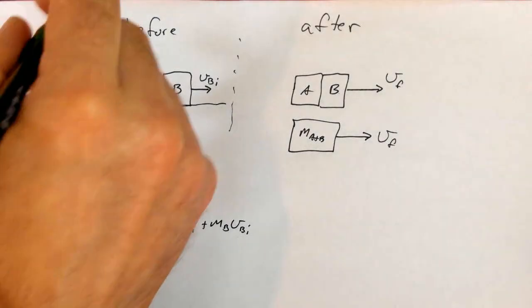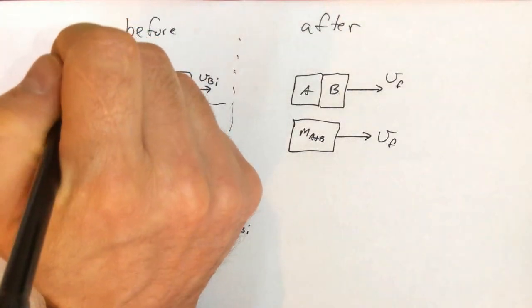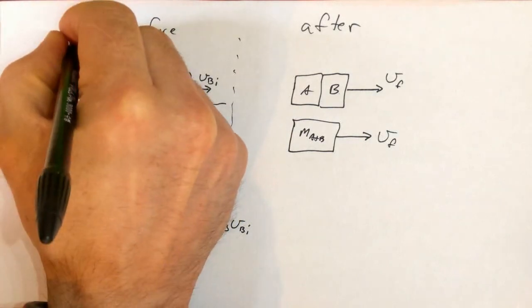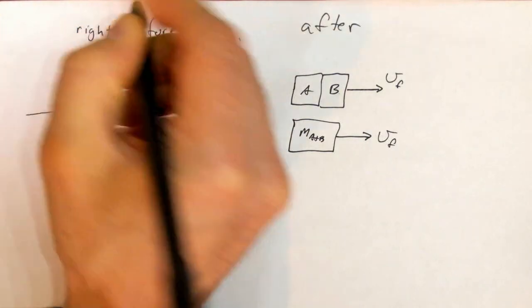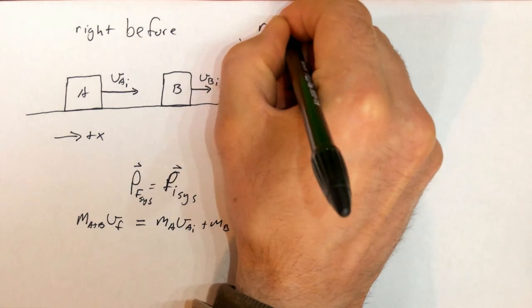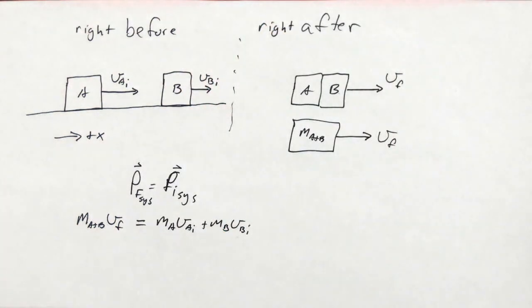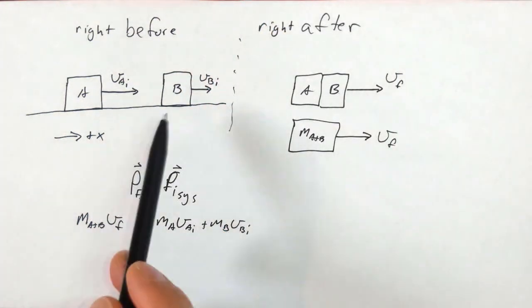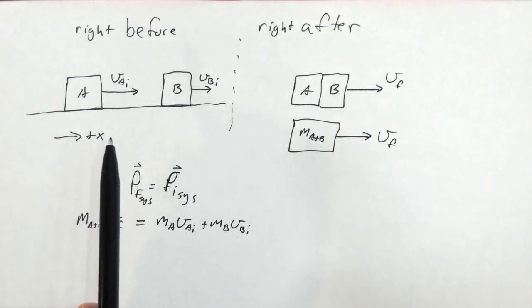Well, if we remember when we consider momentum, that if we consider right before and right after the collision, that means that the delta t is crazy small.